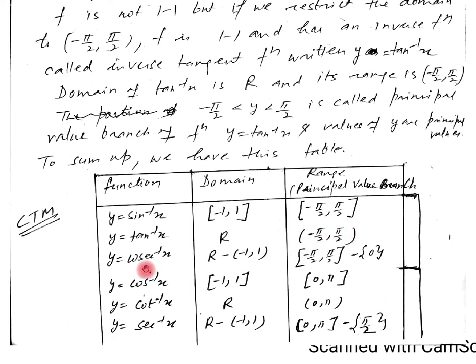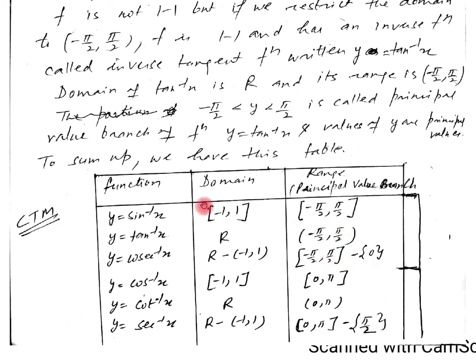And in the case of cosecant inverse x, the range is the closed interval minus pi by 2 to pi by 2 minus {0}, because sine 0 is 0, and cosecant 0 is not defined. Cosecant is not defined at the point 0, so the range is the closed interval minus pi by 2 to pi by 2 minus 0.